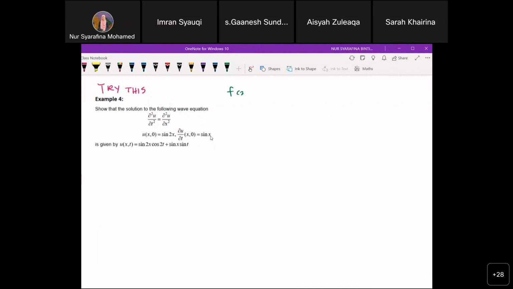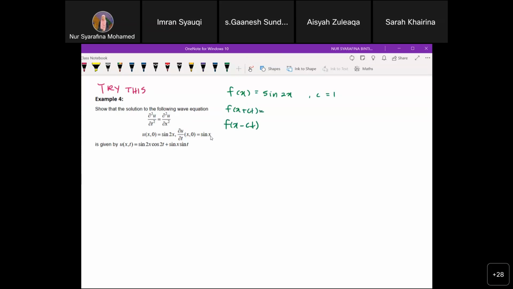From here, f(x) is equals to sine 2x, and c there equals to 1, right? So f(x plus ct) equals to what? f(x minus ct) equals to what?